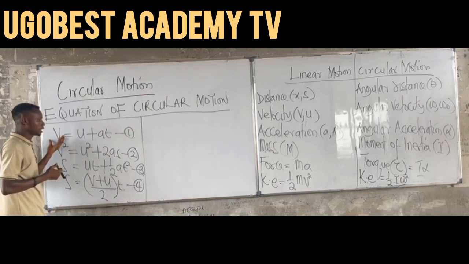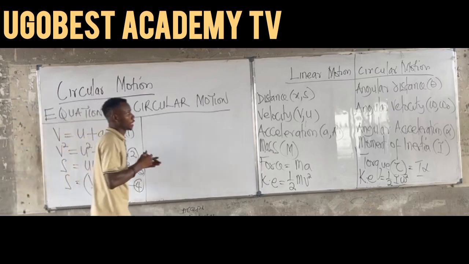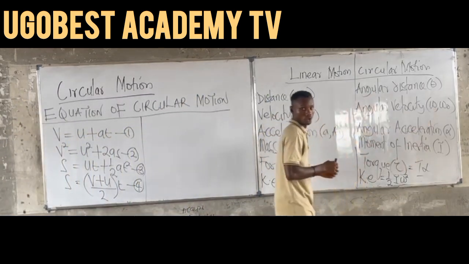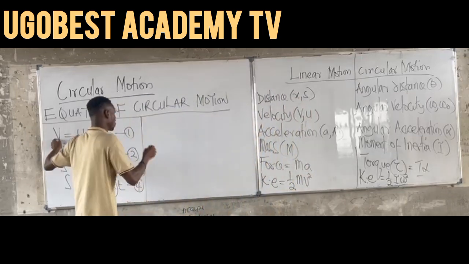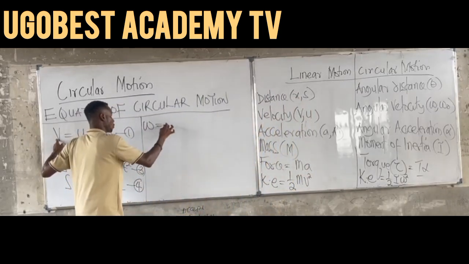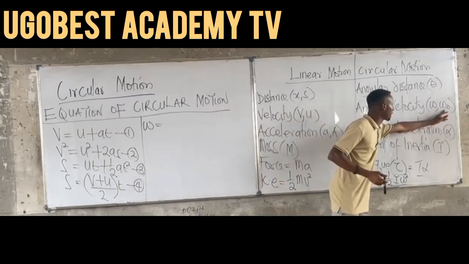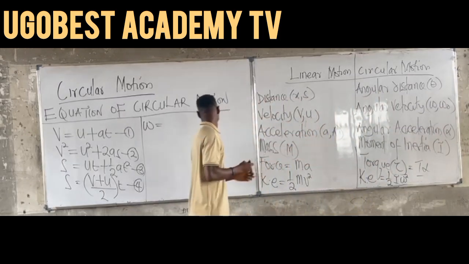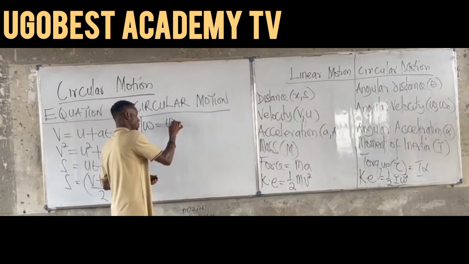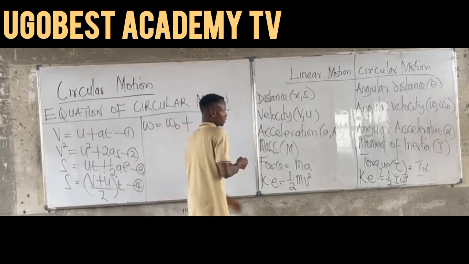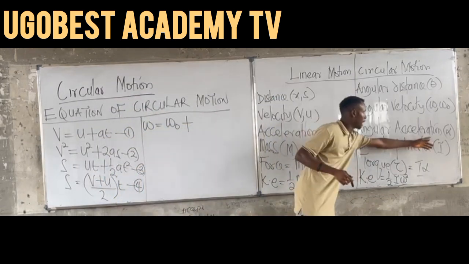Now in terms of circular motion, we take v as omega. Please take it. So this will be transformed to omega is equal to, what do we take initial velocity as? That is omega naught. Please take note of this. So this is going to be omega naught plus, what do we take acceleration to be? Acceleration is alpha.